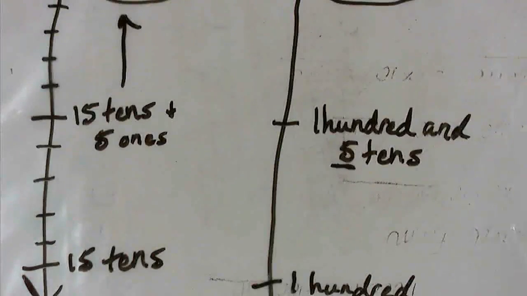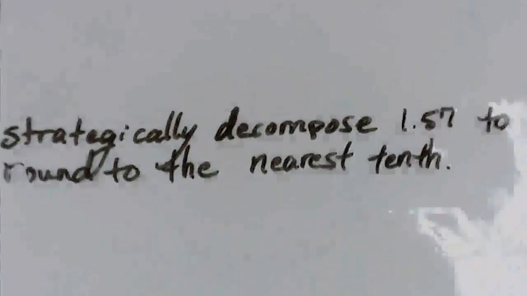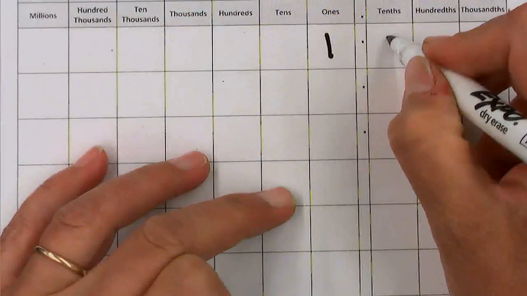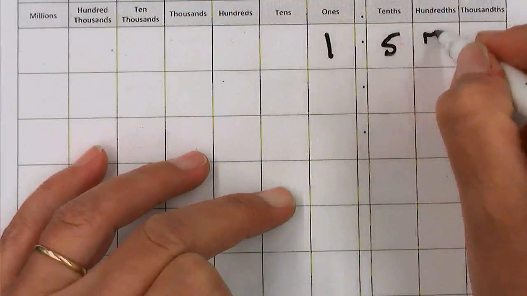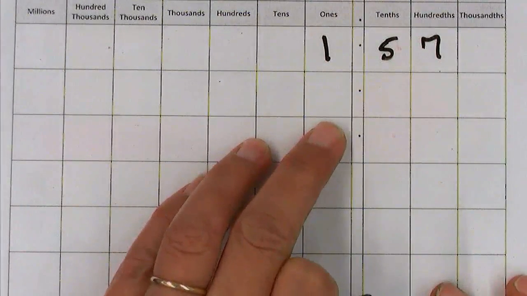So another one to take a look at is to strategically decompose 1.57 to the nearest tenth. So in this case, we have 1 and we happen to have 57 hundredths, and then we're going to be rounding to the nearest tenth.